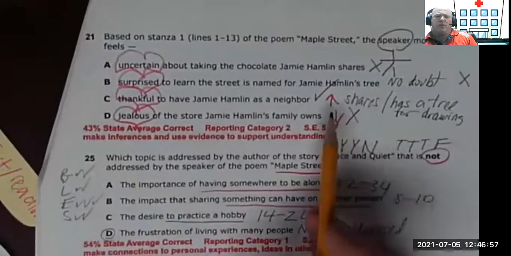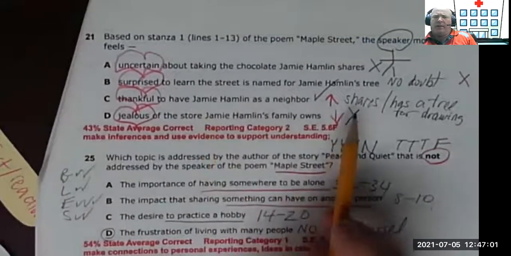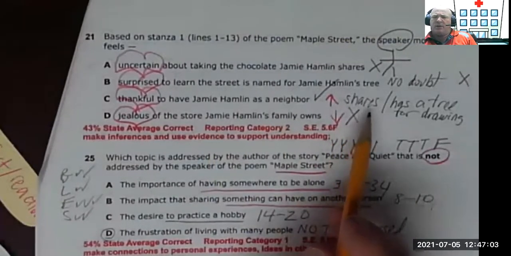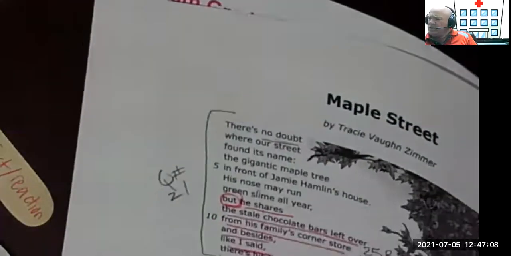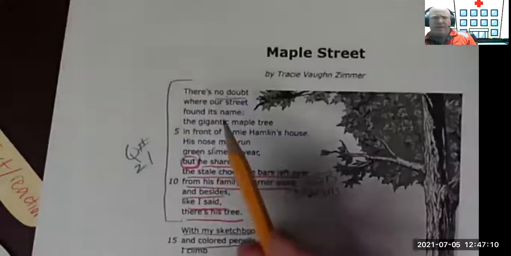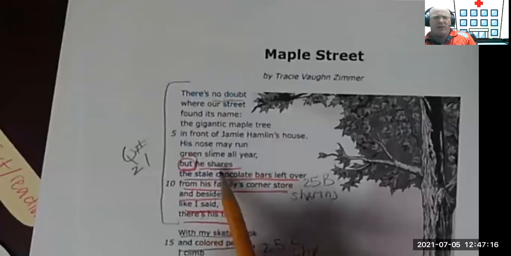So that's the answer. And you tell me the lines about his sharing, in lines 5, 6, 7, 8. From lines 8 through 13, he talks about sharing.